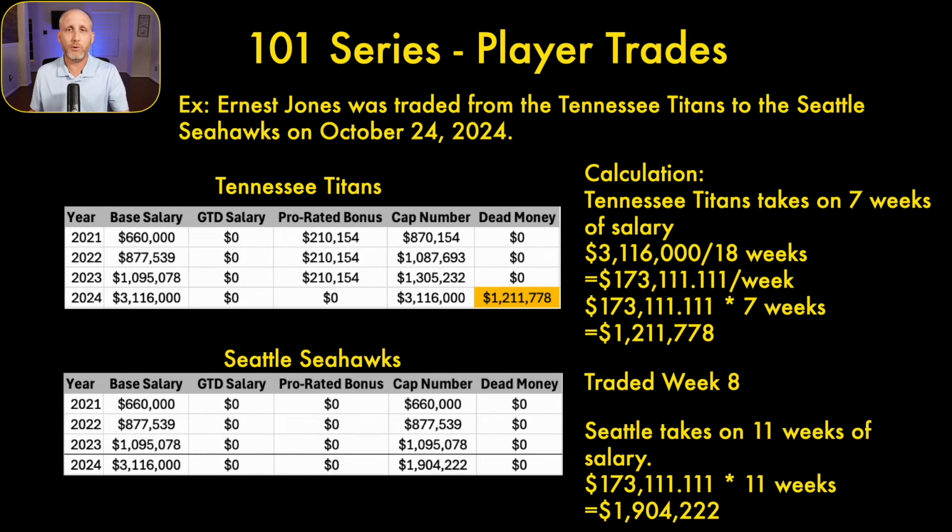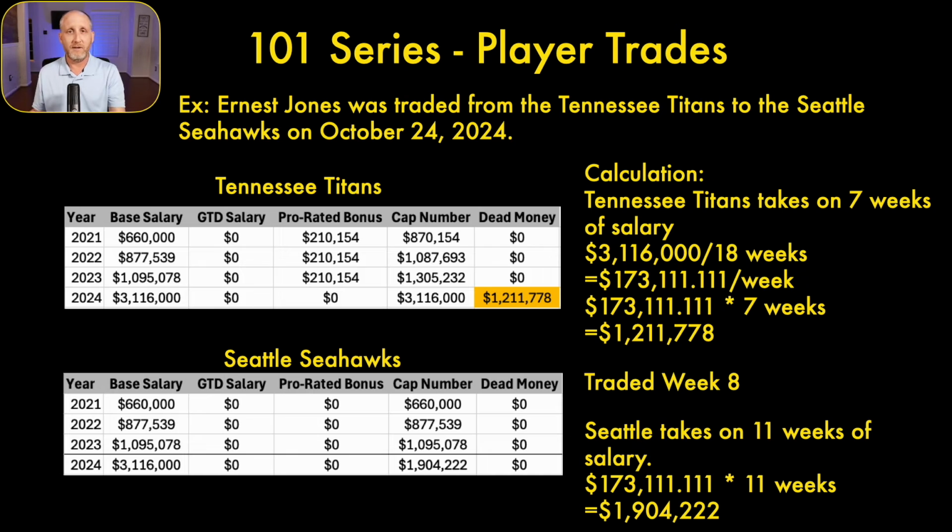So Tennessee will have already paid Ernest Jones 7 weeks of base salary. During the season, it's based on 18 weeks: 17 games plus 1 bye week. Players are paid during the bye week. So we calculate this by taking the base salary, $3.166 million, divided by 18 weeks. The player is paid $173,111 per week of the season.